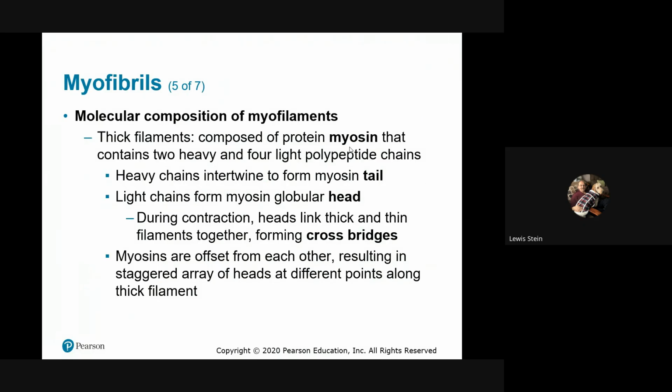You hear those terms a lot; that's something they're covering next door in molecular biology. A protein is built from multiple polypeptide chains, and the heavier chains make up the tail, and the light chains make up the head. You're going to see that graphically in a second.